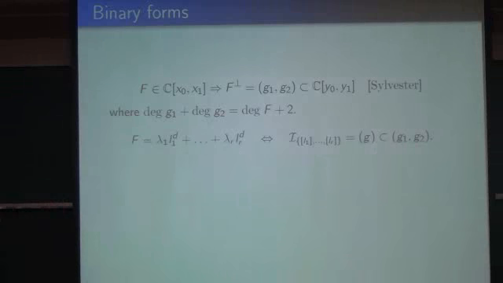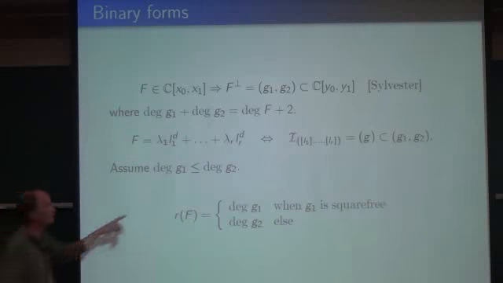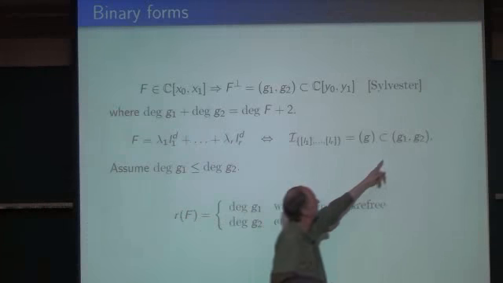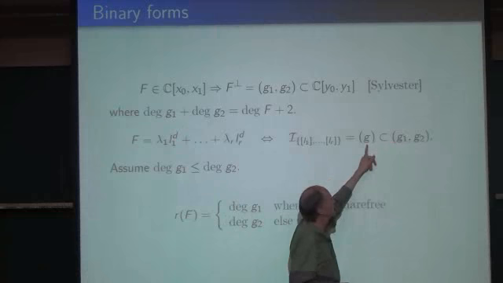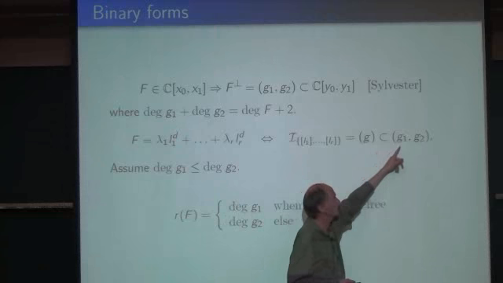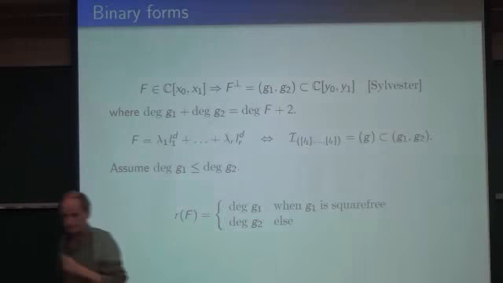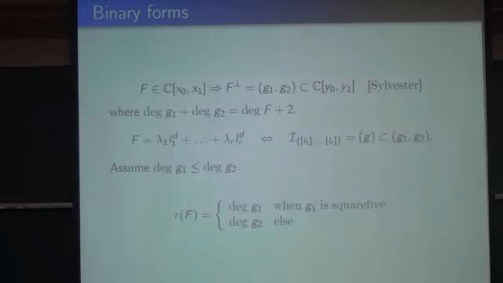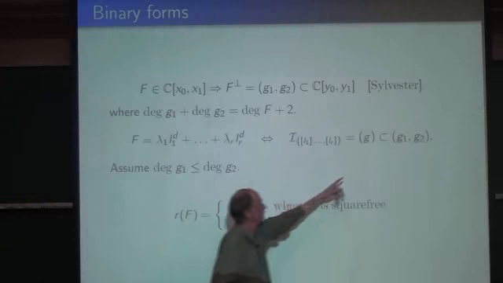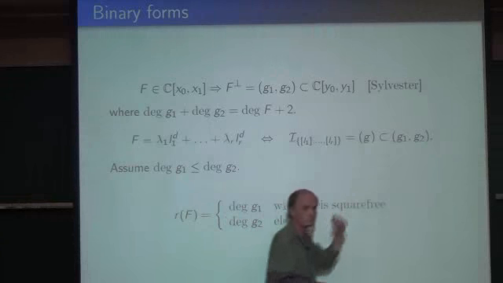So if we ask for the minimal number, we simply go to the smallest degree of those two. This just means that G can be written as a linear combination of those two, where the coefficients are also polynomials. So the smallest degree is what you get if you take the smallest degree of those two.